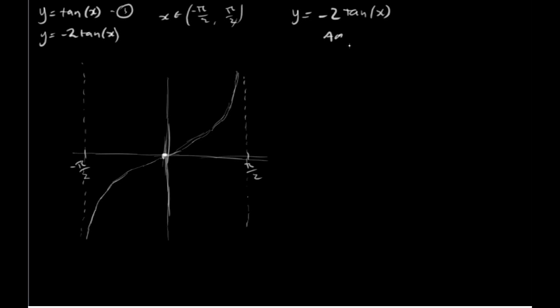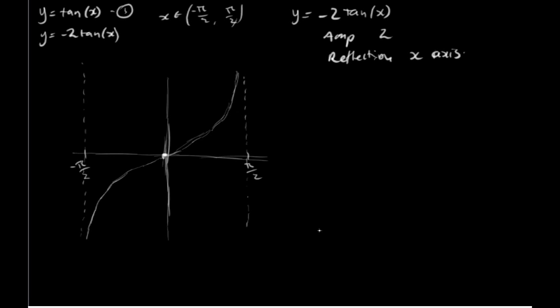So it has an amplitude of 2 at the front. We've got a reflection in the x-axis based off that negative sign, and the transformations don't alter the period and the x-intercept or the asymptotes.